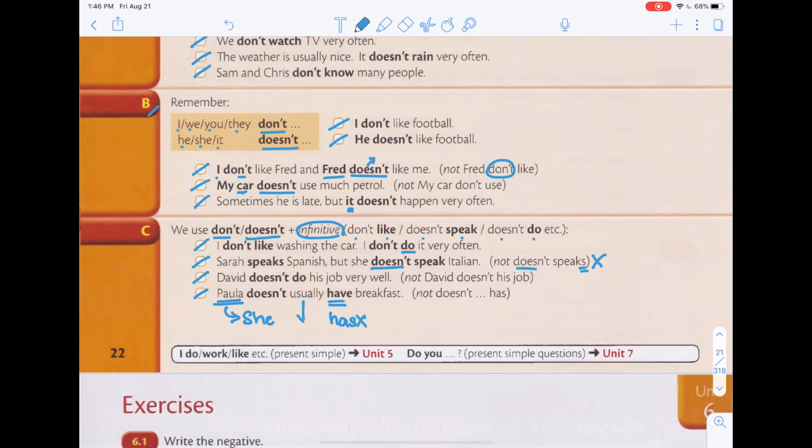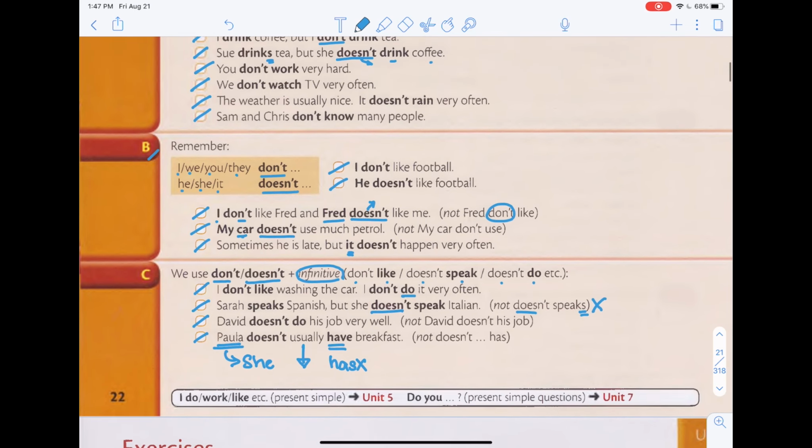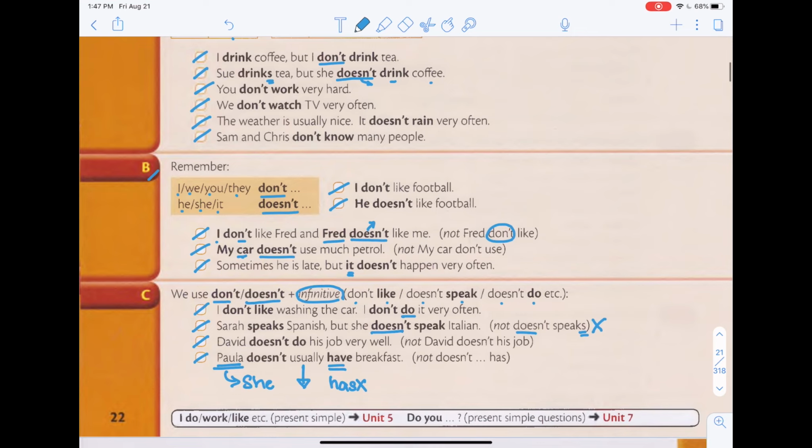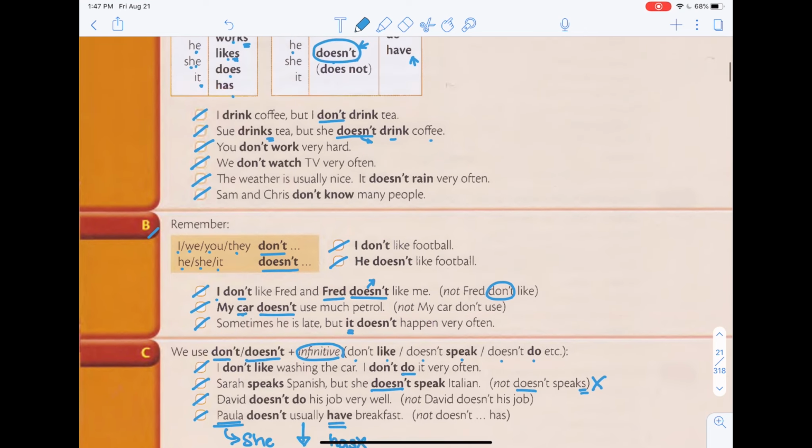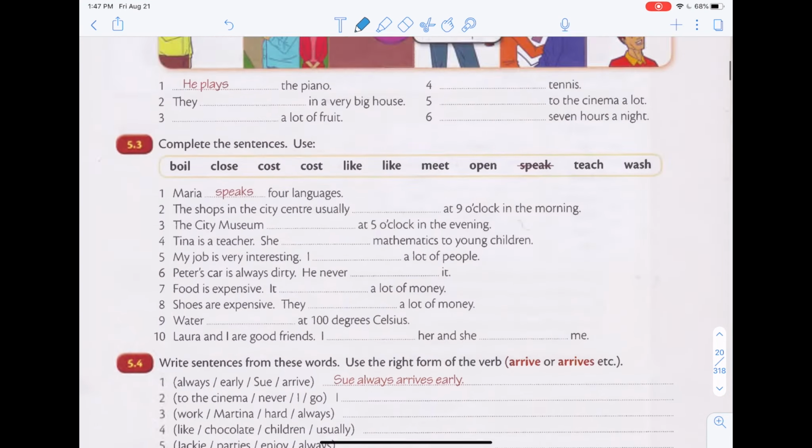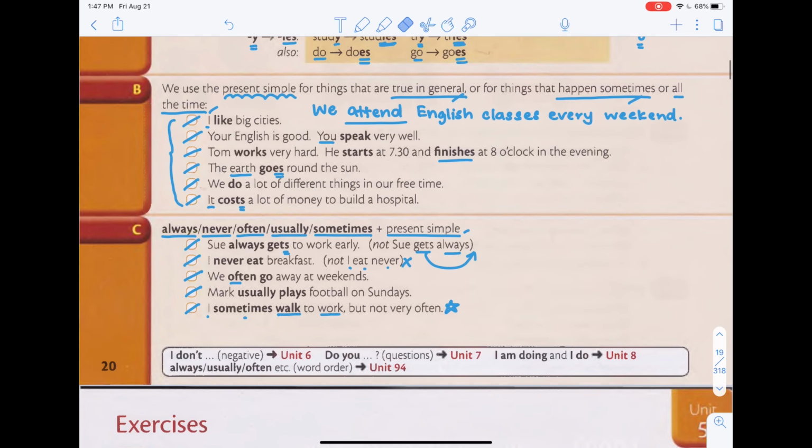Remember, this one is about how often it happens. So if you say Paula doesn't have breakfast, you're not talking about how often it happens. So you have to say Paula doesn't usually have breakfast. Okay, so in this chapter, you are learning about don't and doesn't, but what you have learned previously in part C still applies.